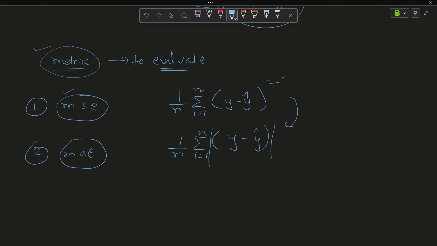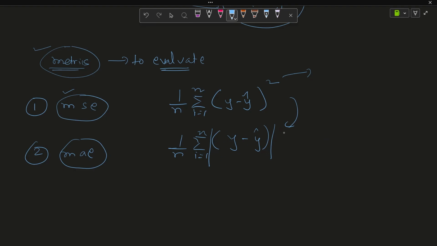As you can see, in mean squared error there is a square, so the metric is not in the same unit as the output variable. It's a squared unit. That's why mean absolute error was introduced, to put things in the same unit.